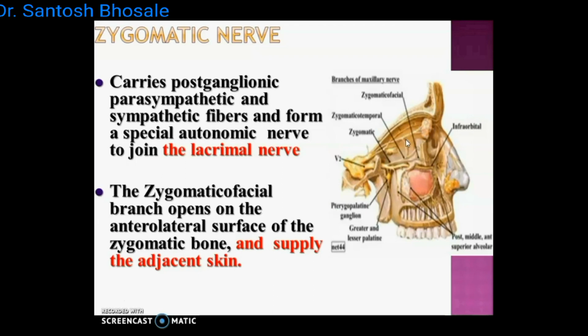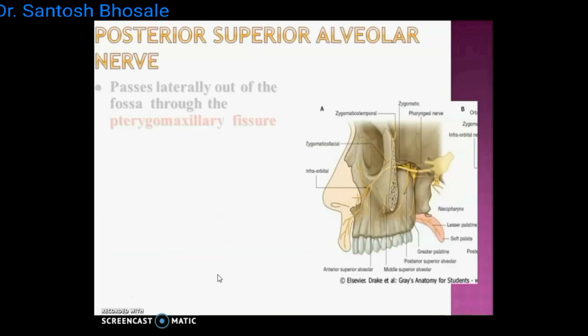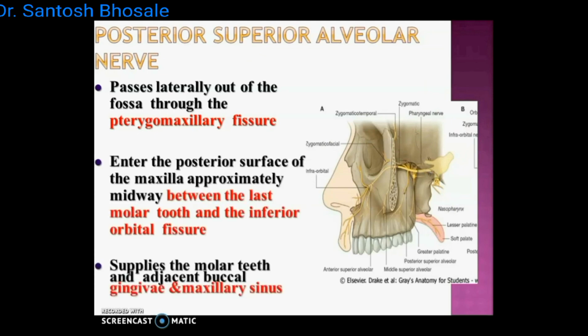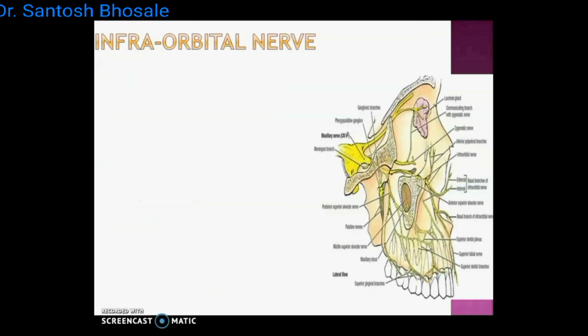So you can see the lacrimal gland is there, with the post-ganglionic parasympathetic secretomotor fibers via the zygomaticotemporal. And that is the posterior superior alveolar nerve. You can see it is entering the back of the body of the maxilla, and it enters between the last molar tooth and all.